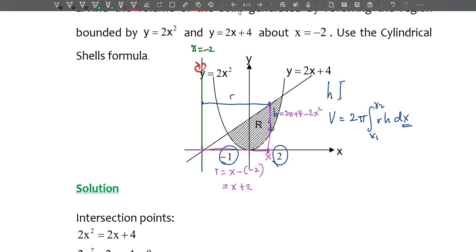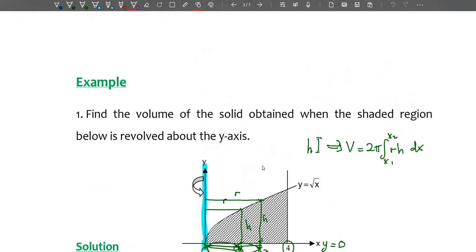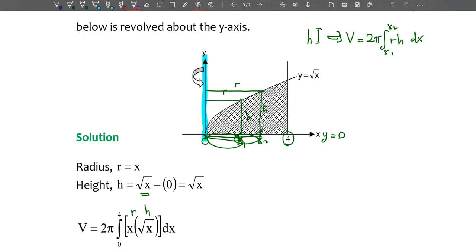For the previous question, r is equal to x for another reason. This is your r, from here to here. Let's say we write it as x. This is r, the distance between the axis of rotation and the point that we don't denote.